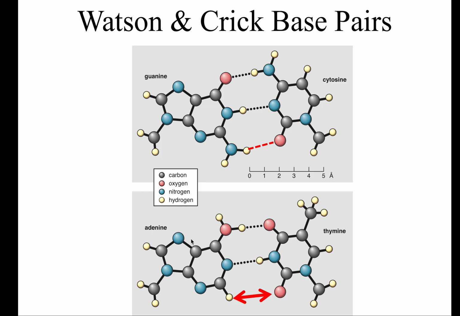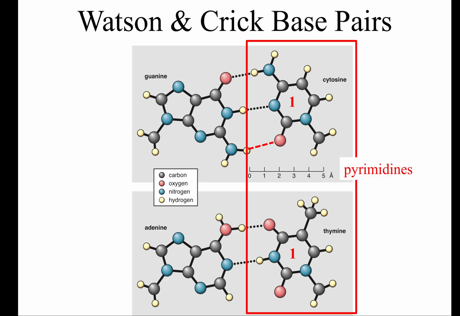If your DNA is made up of a lot of these base pairs, A with T, that's 2 bonds between those base pairs versus 3 bonds between these guys. And so if you have a lot of AT, it takes less high temperature to separate these 2 strands. And if you have a lot of G and C, it takes higher temperature to separate those strands because you've got to break more bonds if it's between G and C than if it's between A and T. And that's important in that PCR reaction that you'll talk about later on in class and in lab.